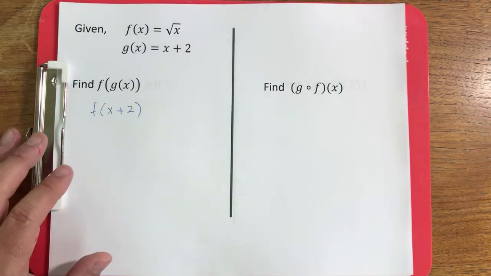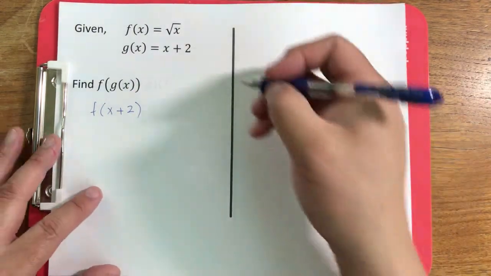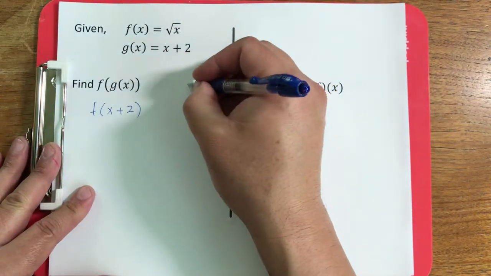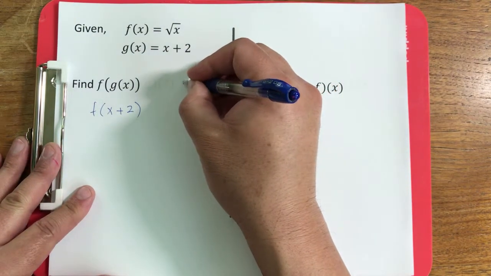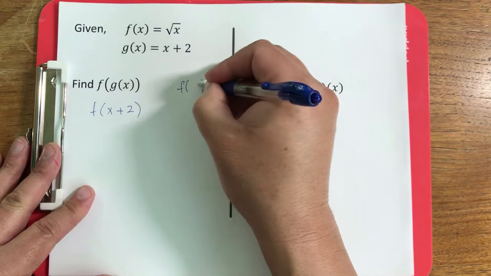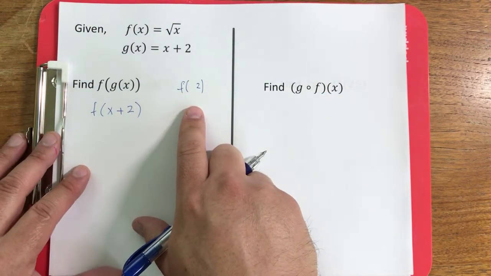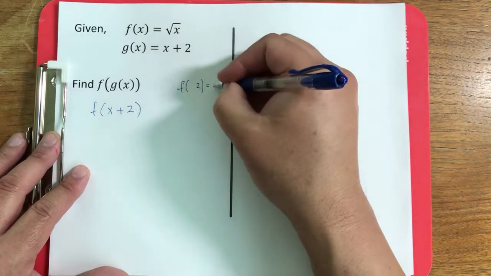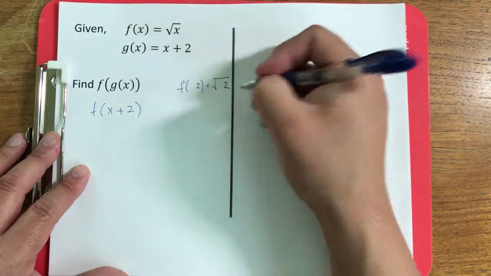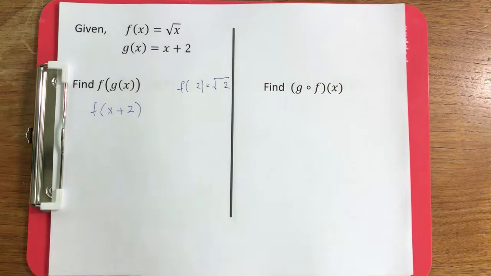Okay. Now, it's a little terrifying to see. Now, let's say I had given you a number. If I had asked you what f of 2 is, most people would be comfortable to say, oh, that's just square root of 2. Now, all we're doing is pattern matching.